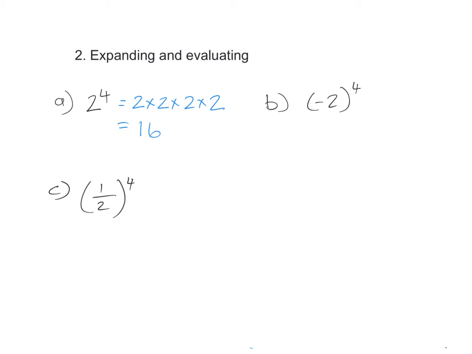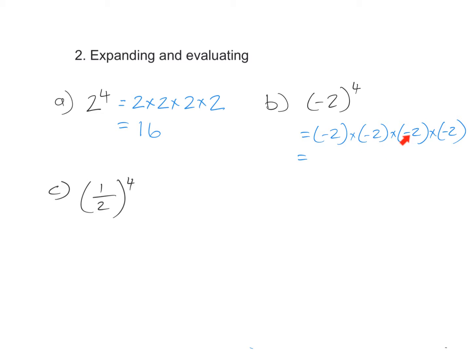How do we go with B? Well, what I need to do here is I need to multiply my negative 2 by itself 4 times. And I'll write that like this. Minus 2 times minus 2 times minus 2 times minus 2. And remembering that when I do multiplication of numbers, a negative multiplied by another negative gives me a positive.